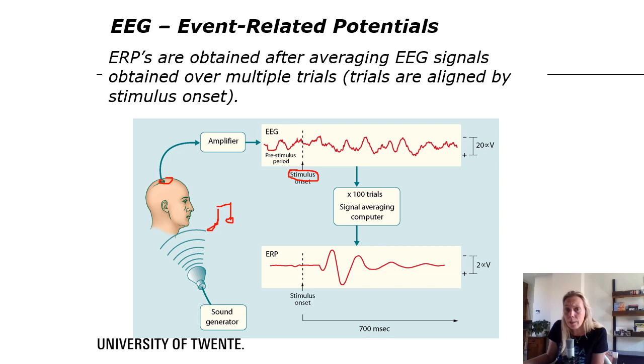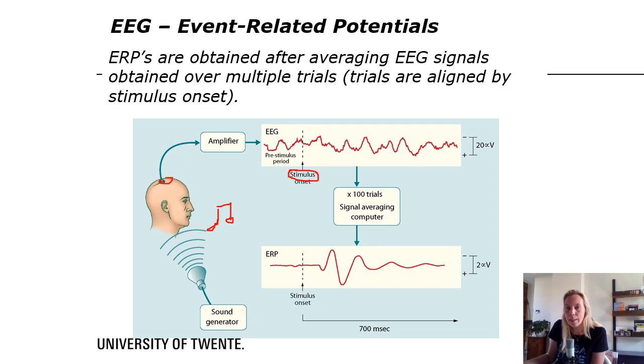Okay, but in one time presenting this tone, I don't get a lot of information about how the brain responds to this tone. For this, I need maybe to present the tone 100 times, and then I average the signal. And when I average the signal of 100 trials, that's what you call one of these segments, if you average those segments, then you see the event-related potential.